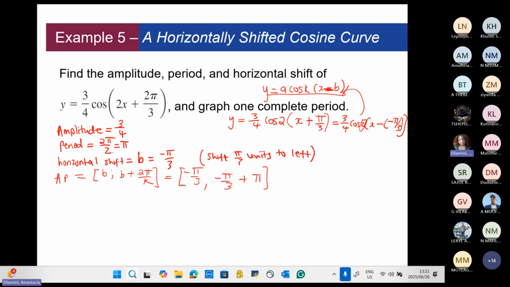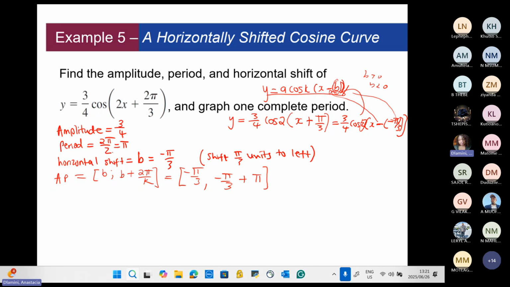Because it's shifted to the left, so you have to shift from 0 to the left of it, so it's negative. That's why I said it should always look like this, negative b, so that you know whether b is greater than 0 or b is less than 0. And here this b is negative.